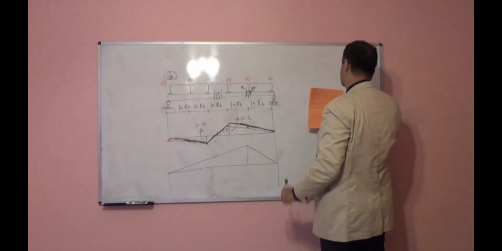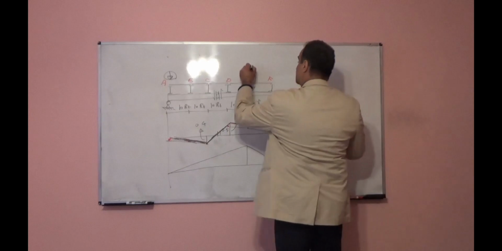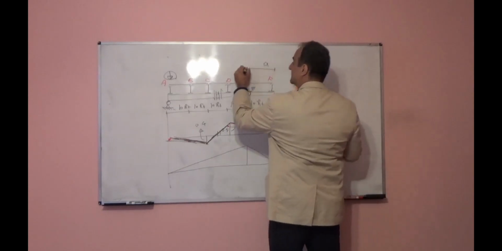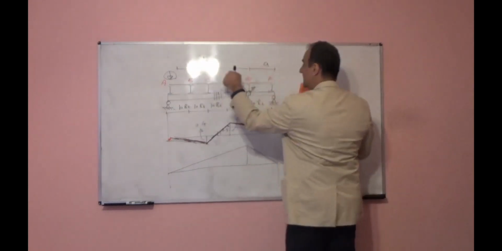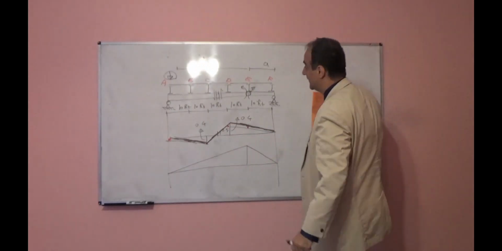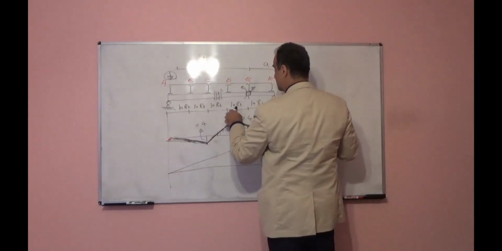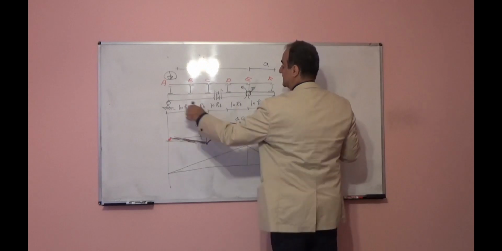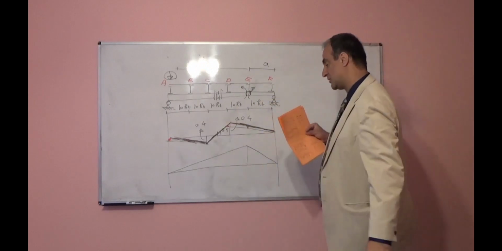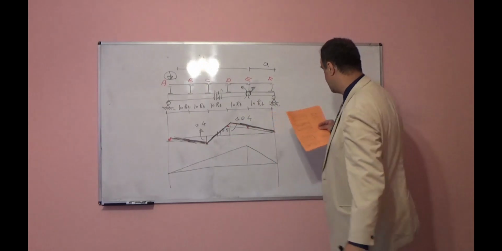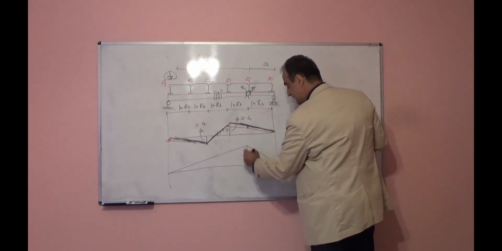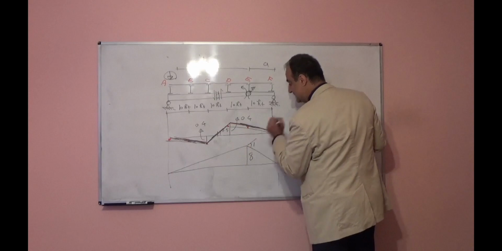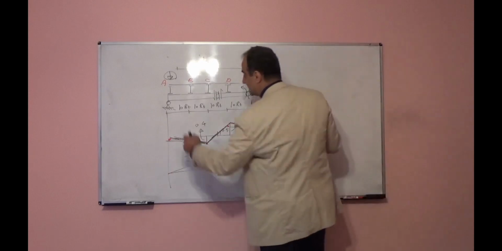This height will be, if this is A, this is B, it will be AB over L. L here, 1, 2, 3, 4, 5, 50. 10 times 40 will be 400, divided by 50 will be 8. This height, this angle, it is unit angle, 1 radian.